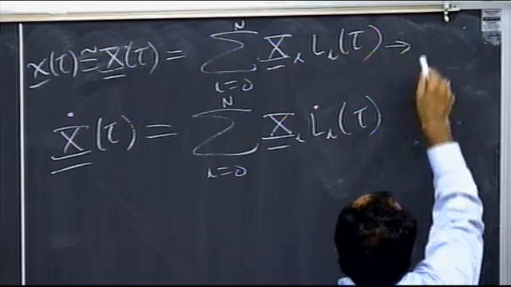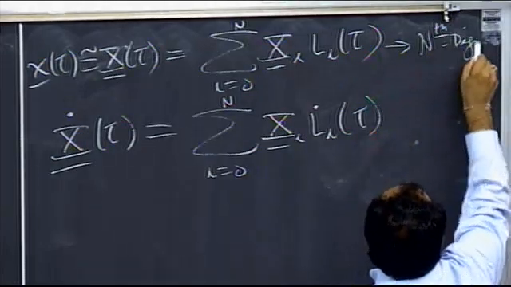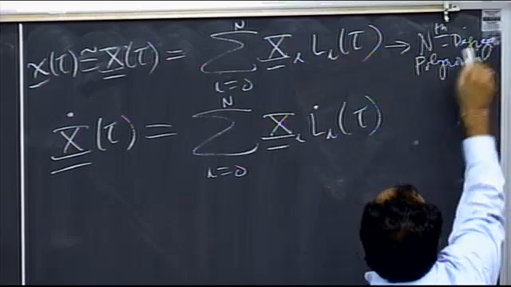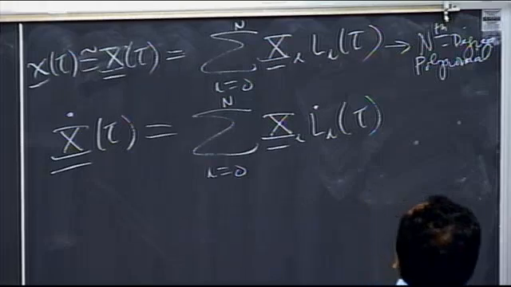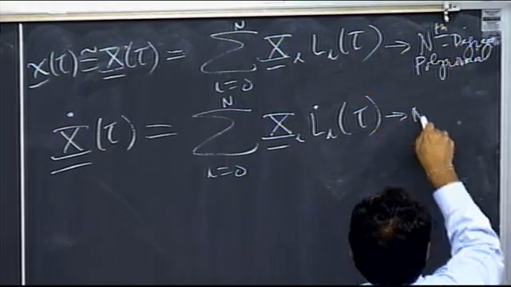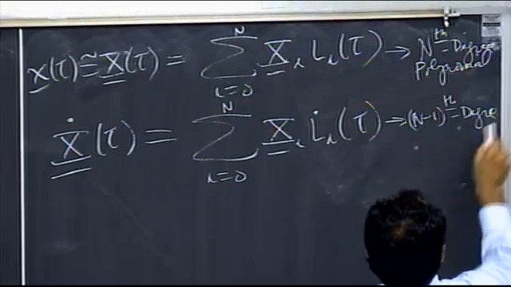I just said it. What is it? It's an nth degree polynomial. Right? I'm using a basis of nth degree Lagrange polynomials. So what is this? This is an n minus 1th degree polynomial.